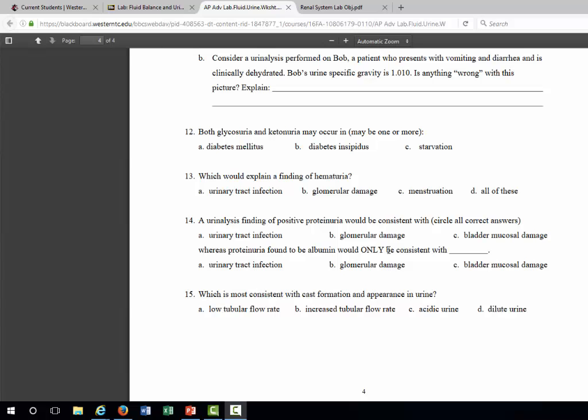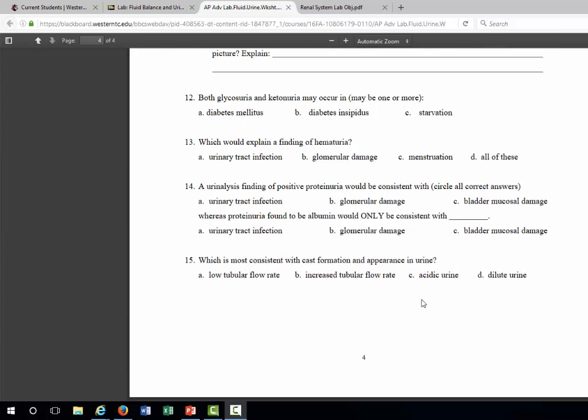So which one of these is causing plasma to spill out into the urine? Yeah, glomerular damage. And which is most consistent with cast formation? A low tubular flow rate. When the urine sits, it starts to form those cylindrical little structures. Okay, so that concludes this week's lab on urinalysis.